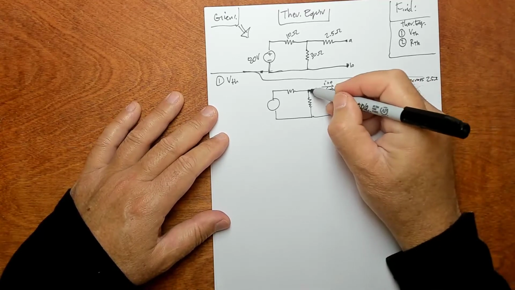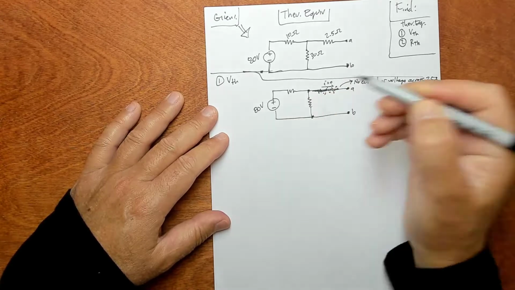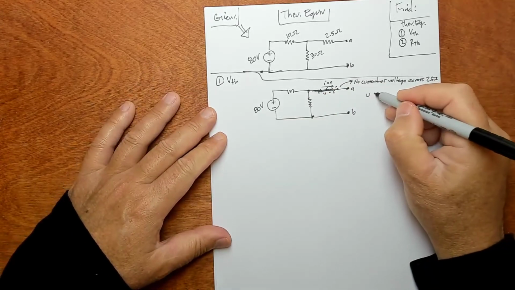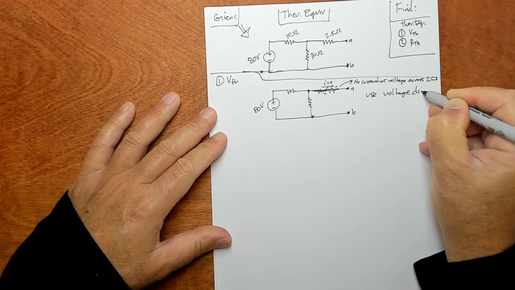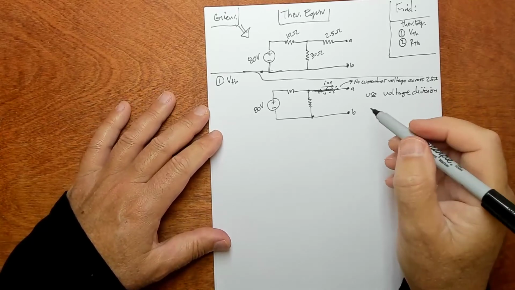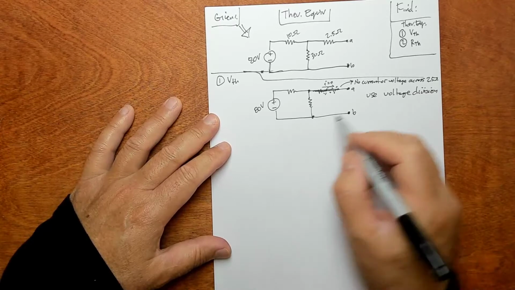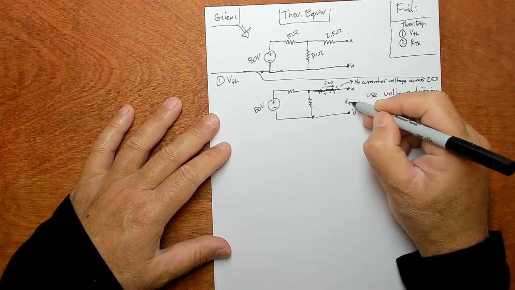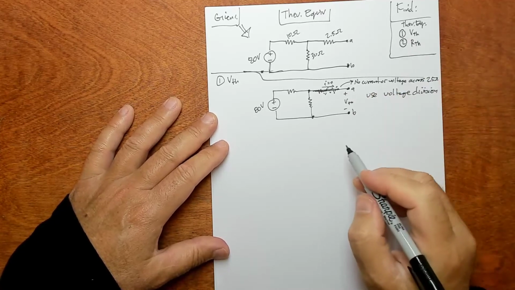If you do that, then this just becomes a voltage division problem. So now we can use voltage division. It's just a little trick, the nature of the behavior of circuits. So this is V sub Thevenin with this polarity here.